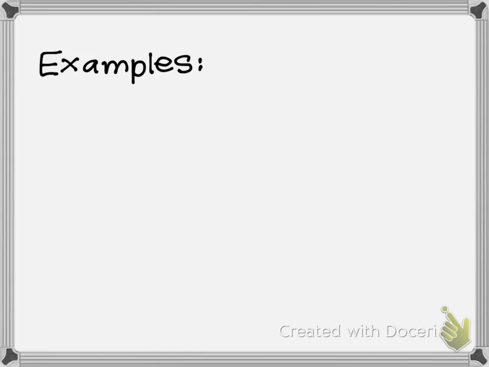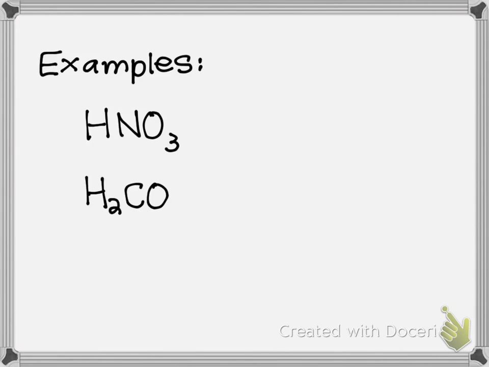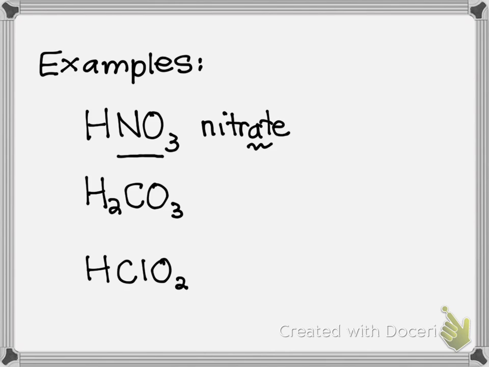So let's do a couple more examples for these. Okay, so this is what we would see: hydrogen first, followed by another nonmetal and oxygens, a polyatomic ion. So you identify the polyatomic ion. This guy is nitrate. Ate goes to ic, so it's nitric acid.